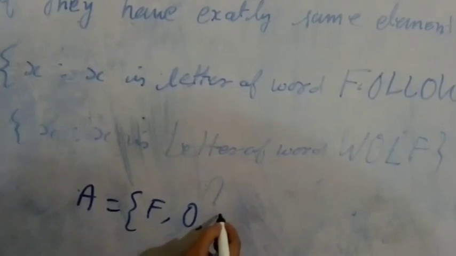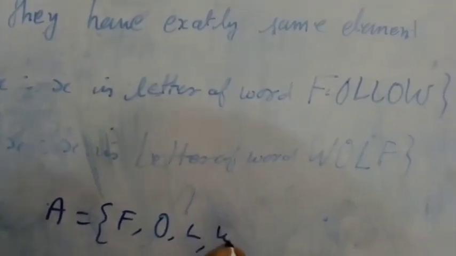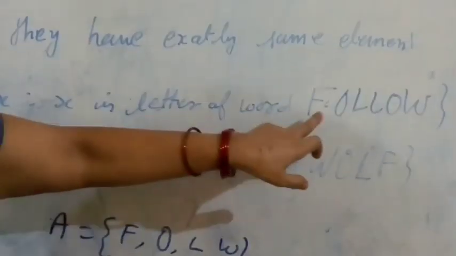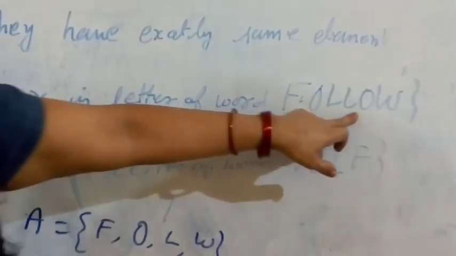Now, the elements of A are F, O, L and W, because in a set we cannot write a repeated letter two times.